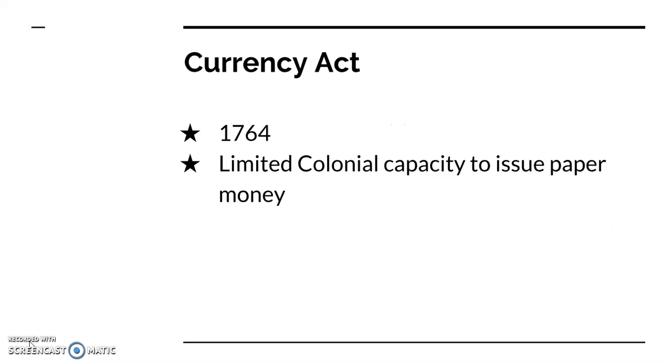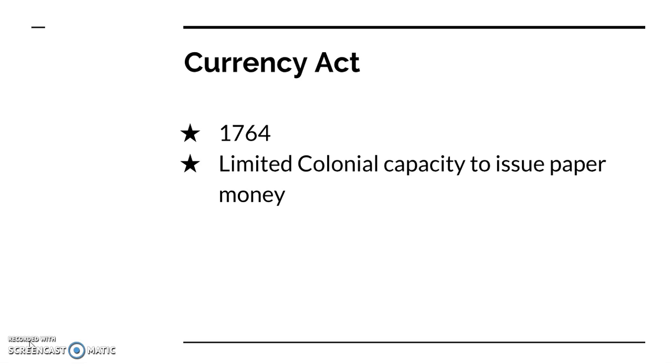Now, in 1764, the same year as the Stamp Act, Parliament passed the Currency Act. This limited colonial capacity to issue paper money. It did not deny the colonies the right to issue paper money, but only under certain circumstances and with very specific rules.